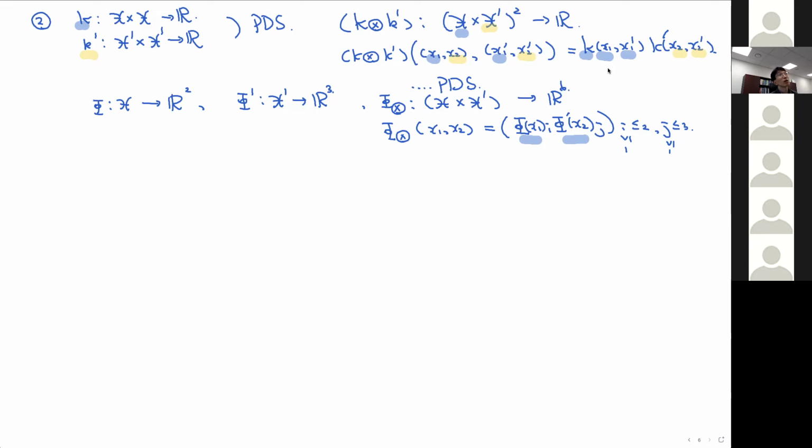Okay, so that's the tensor product. And then there are two other things we're going to talk about: pointwise limit and power series.